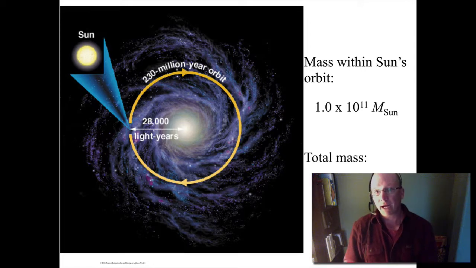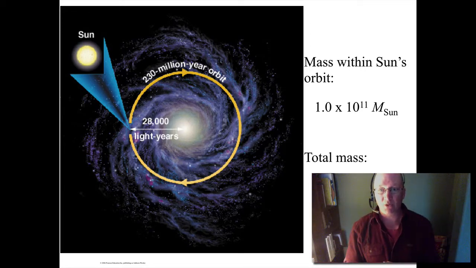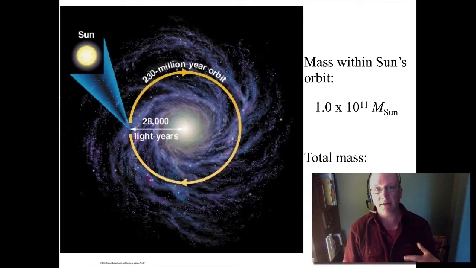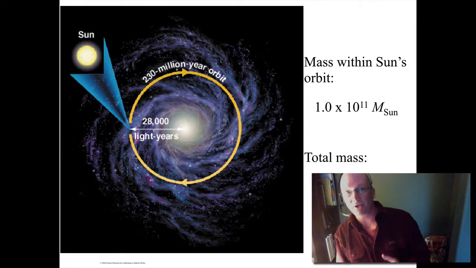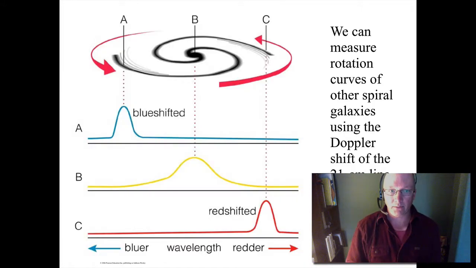When we look further out at stars that are further away from the center, we see that there's about 10^12 solar masses, and we cannot account for that material with the stars themselves. If you think about it, there's about 10^11 stars in our galaxy, and on average they're about a solar mass, and so just doing that rough calculation tells you that our galaxy is 10 times more massive than it should be based on the stars alone.